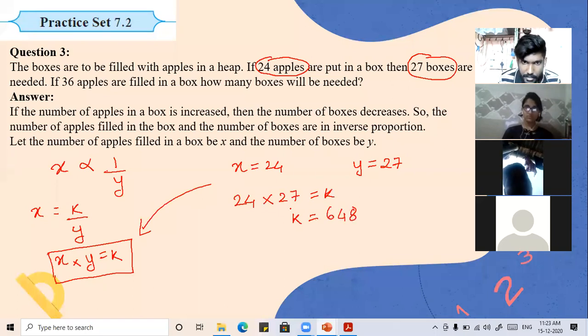Now this is the value of K, my constant of variation. The sum is still incomplete.